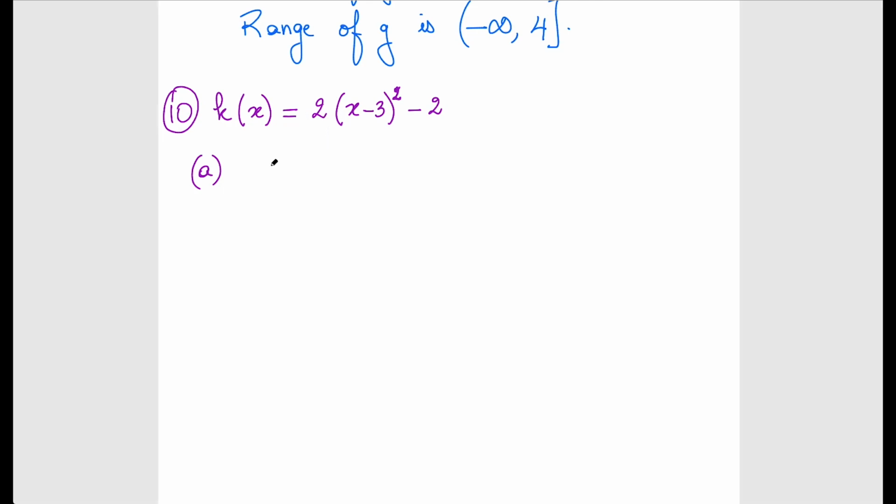So since a is equal to 2, which is positive, by the property above, the function k, or the parabola, which is the graph of k, opens upward.